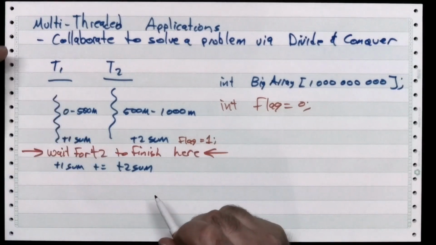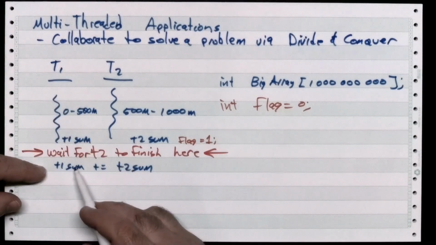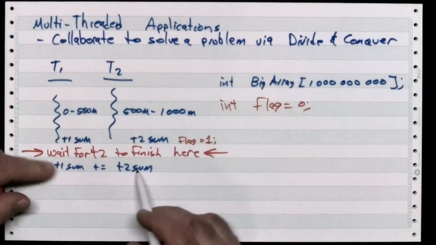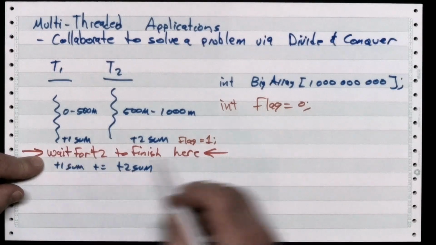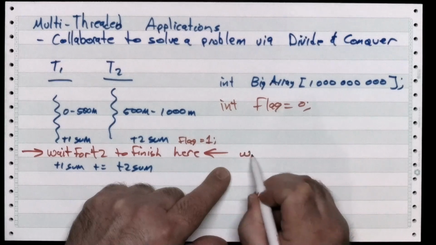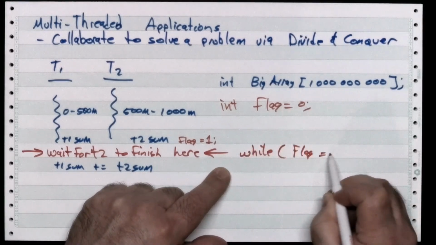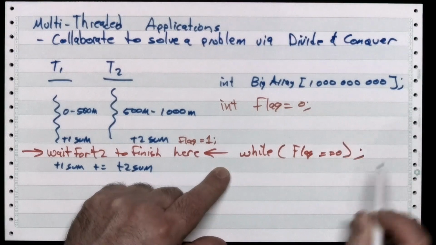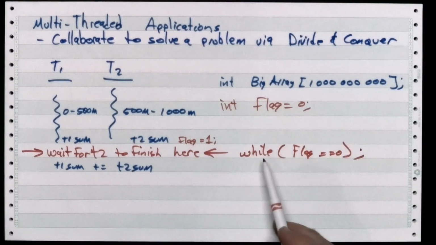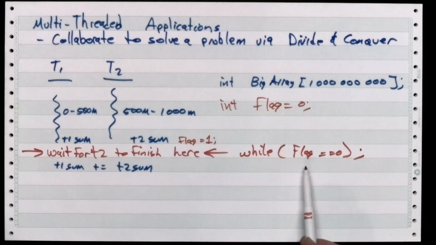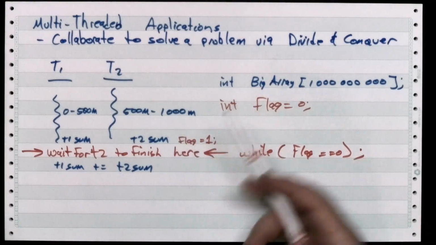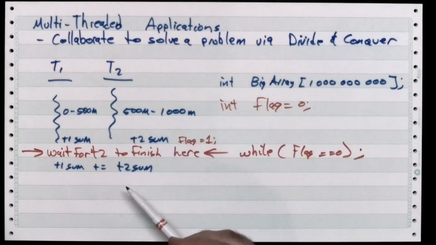And then maybe thread 1, before it does the summing, in order to do its waiting, will just go into a loop like this, with a semicolon. It'll just go around and around and around, waiting for this flag to become a non-zero value. So when thread 2 does this, it releases thread 1 to proceed.